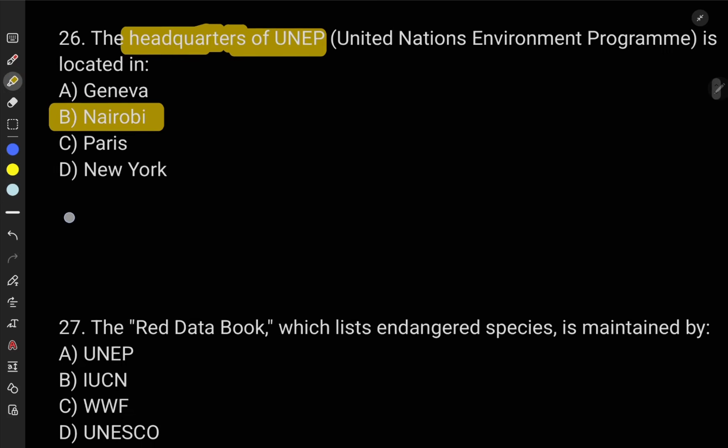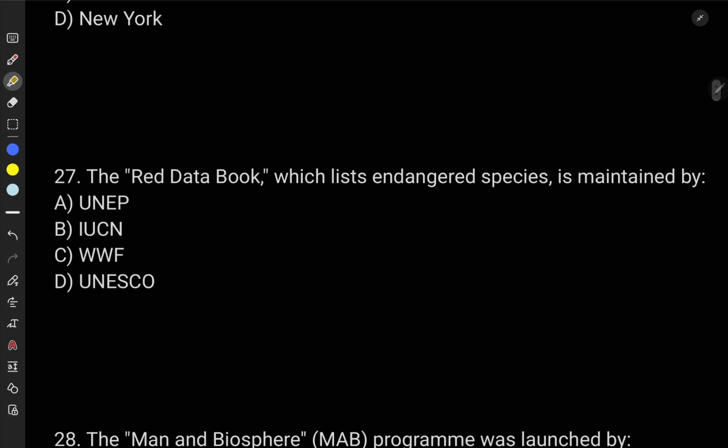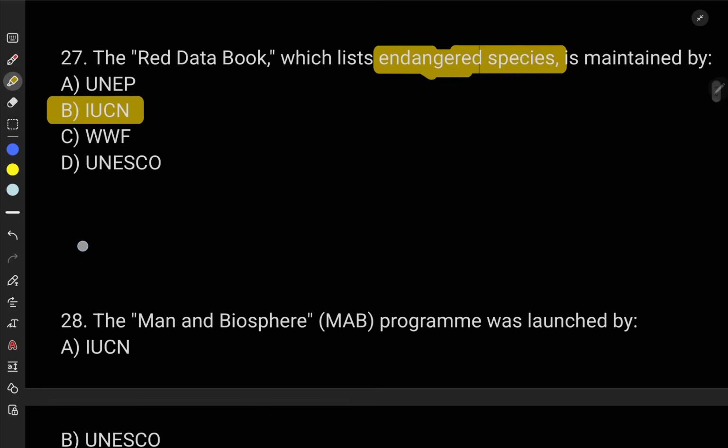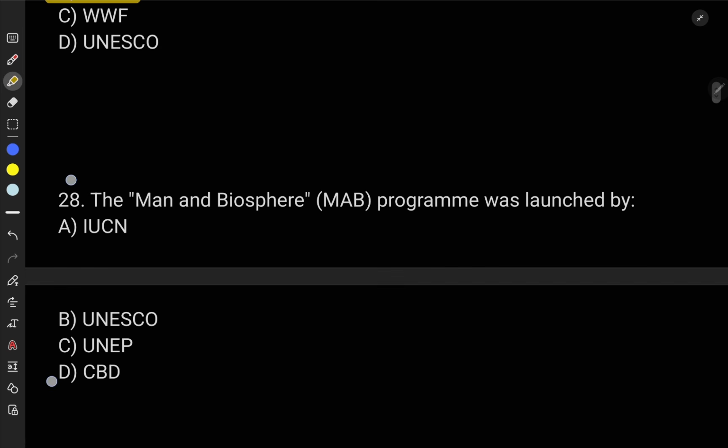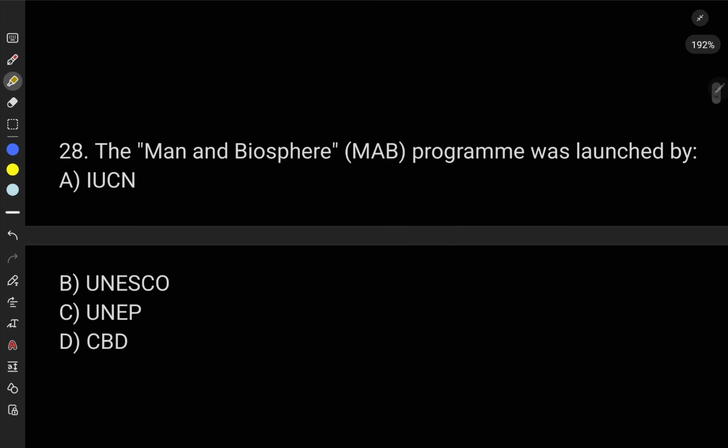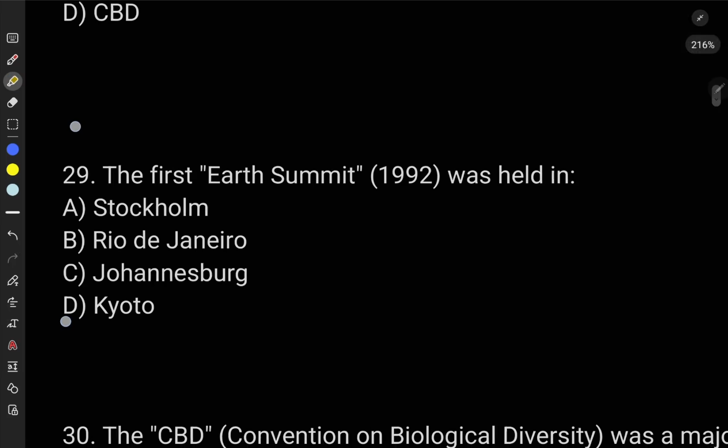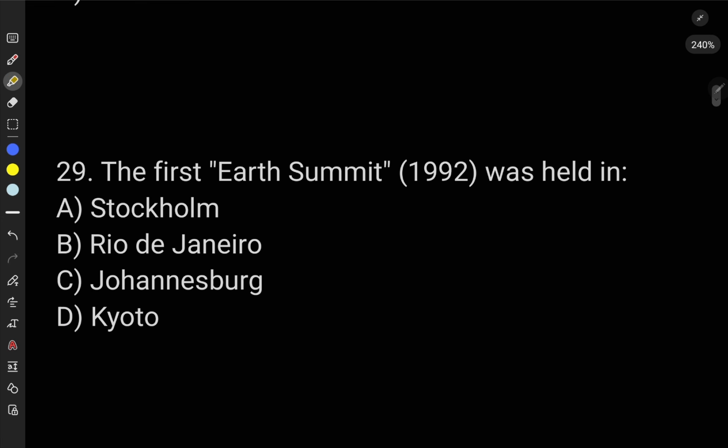The Red Data Book which lists endangered species is maintained by IUCN. The Man and Biosphere Program was launched by UNESCO. The first Earth Summit was held in Rio de Janeiro.